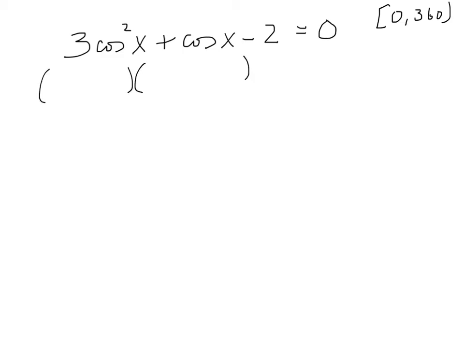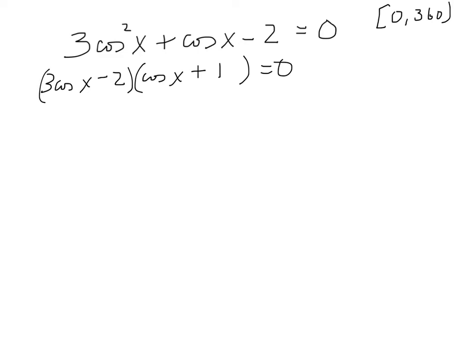You can go through AC method, whatever you want to do, but it's basically 3 times the cosine of x times the cosine of x. I'm going to put my 2 here and my 1 here, and that's how I end up with my positive cos for the middle term, because positive 3 cos minus 2 cos gives me positive cos. So that's how it factors.